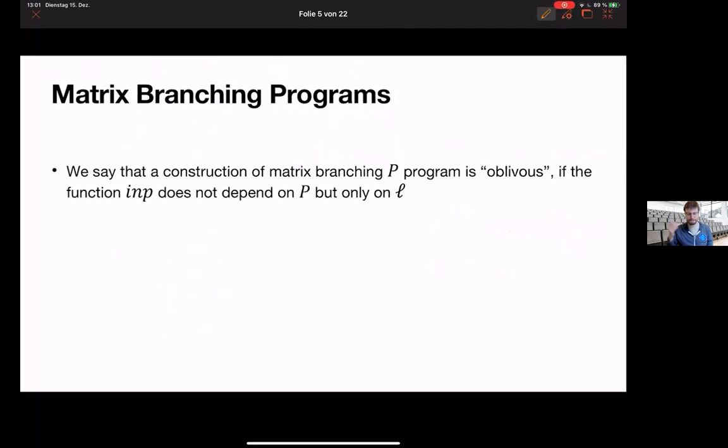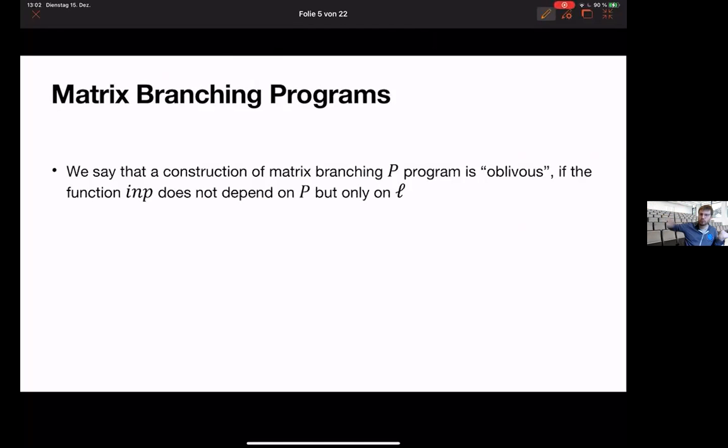And first thing which we will need is the notion of an oblivious matrix branching program. So we say that a construction, meaning an entire family of branching programs, is oblivious if this function imp doesn't really depend on the program itself, but only on the program length L. Right? So this notion of oblivious branching program doesn't make sense for just a single branching program, but it should be an entire family of them.